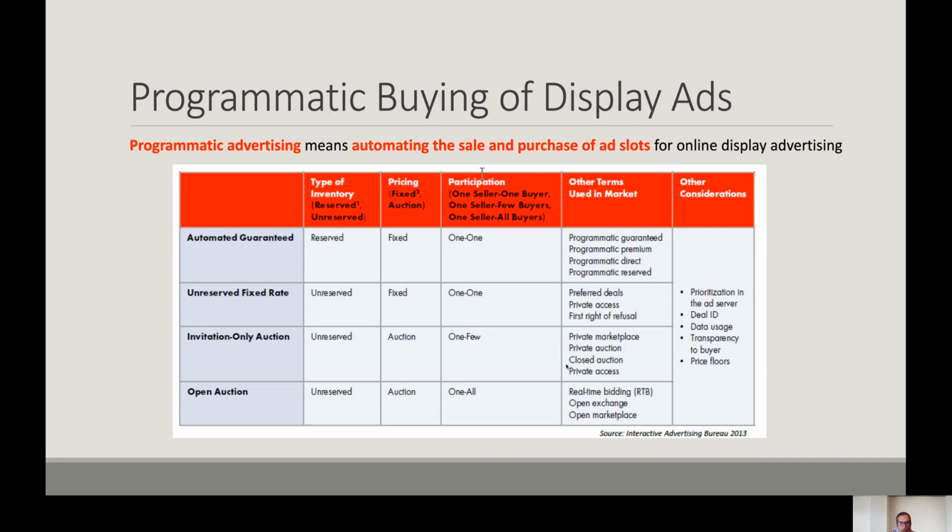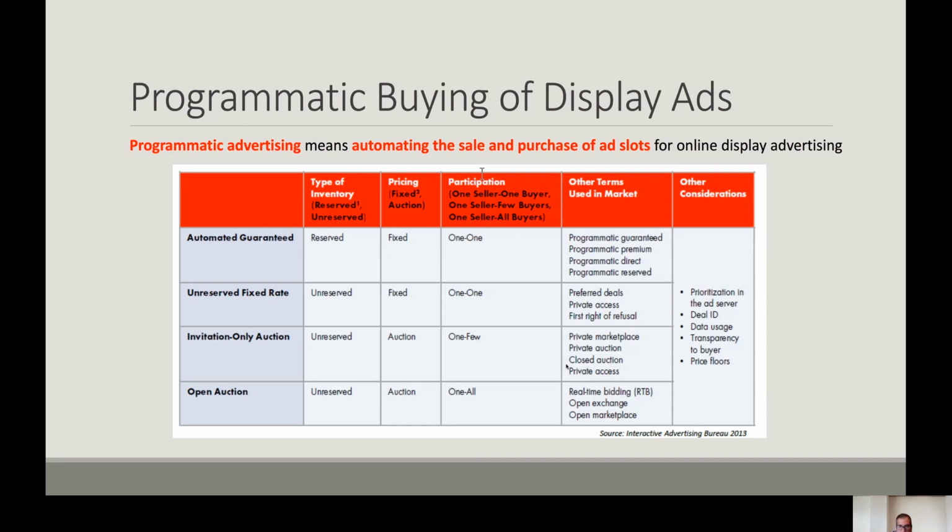Now, moving on, one thing to keep in mind is that these display ads can be purchased in different ways. We already talked about different kinds of pricing, right? And so we'll tie it together here in this table. The first row is called the automated guaranteed kind of programmatic display ad purchase. So what this means is that one publisher, and so there's no ad network here, or it can even be an ad network.